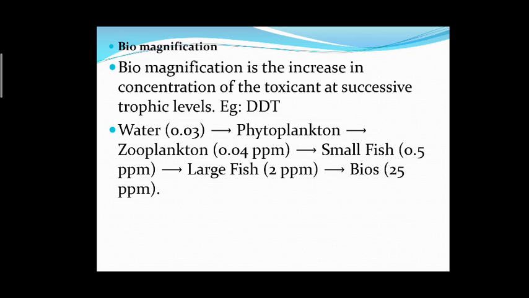Then small fish. In the body of small fish, 0.5 ppm is present because small fish ate many zooplankton. In the case of large fish, the concentration of DDT increases further, and in birds the body contains 25 ppm.